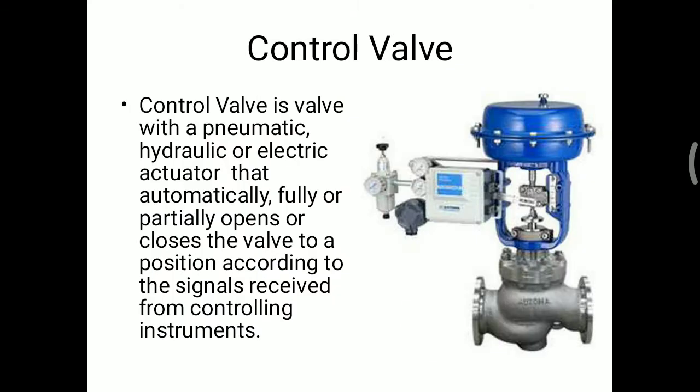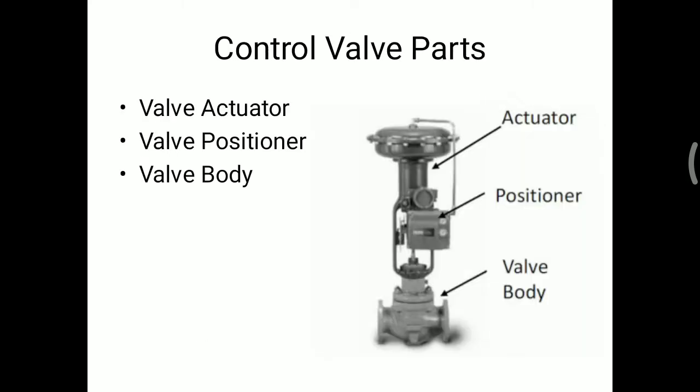So control valve. Control valve is a valve with pneumatic, hydraulic or electric actuator that automatically, fully or partially opens or closes the valve to a position according to the signal received from the controlling instruments. The main parts of the control valve are valve body, positioner and the actuator.